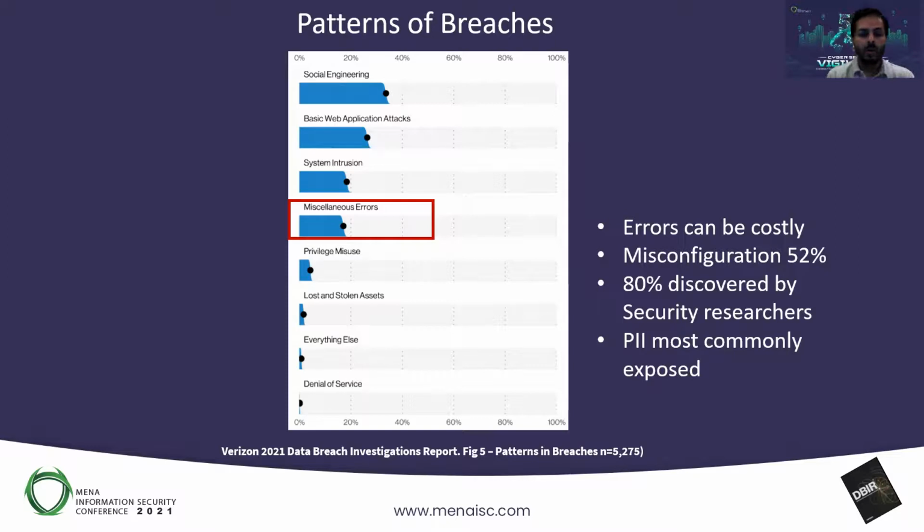This is where peer reviews are important, making sure you run your checks against things like CIS benchmarks, making sure you have file integrity monitoring to look for changes, and obviously making sure you follow the change control process. These are a number of things that need to be done more diligently in order to reduce the number of miscellaneous errors.